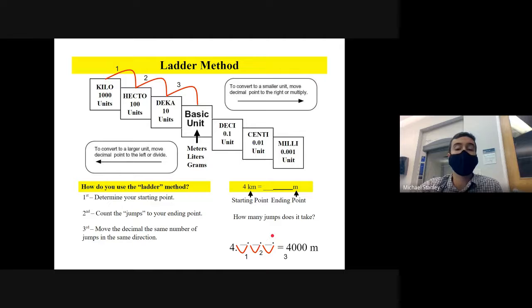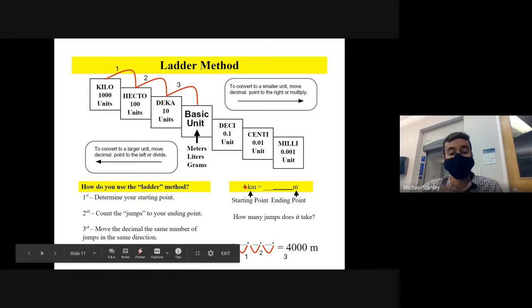So our new result is we start off with 4 kilometers. That means that we have 4,000 meters. So that decimal point used to be right here, but it jumped 1, 2, 3 jumps to the right.